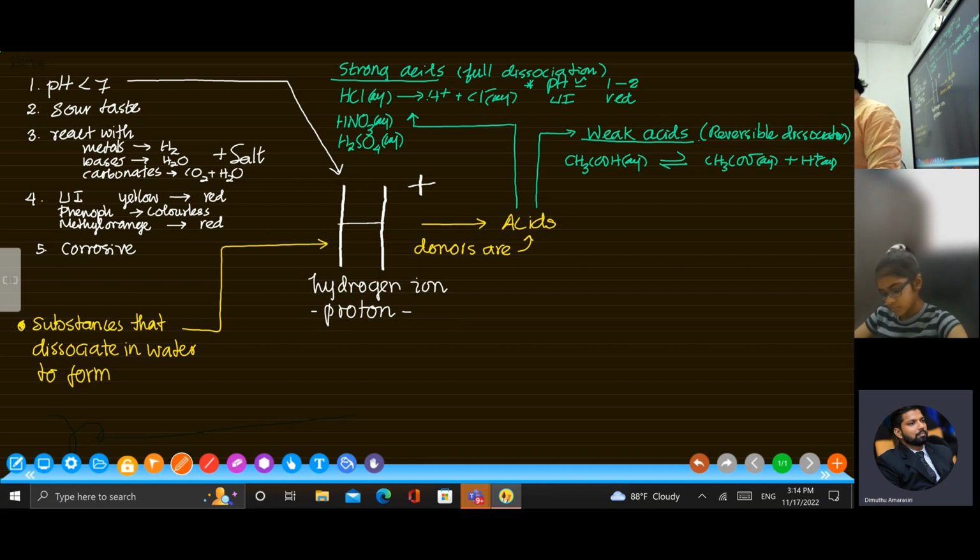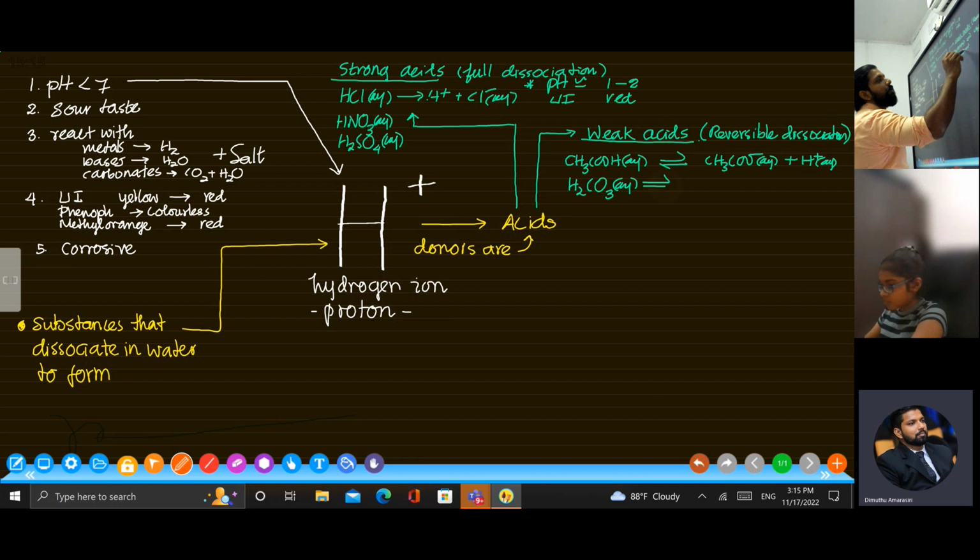Very good. Any more examples? Carbonic acid. Carbonic acid is a weak acid which dissociates partially to give hydrogen ions.